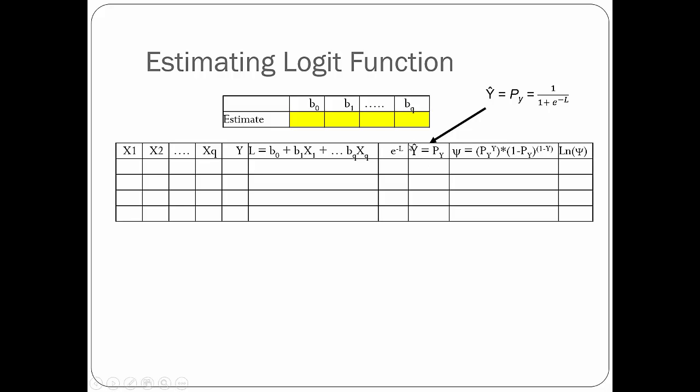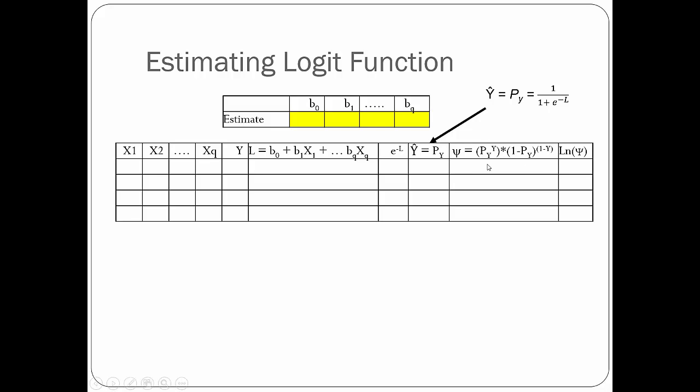Once you have y hat, that is p sub y, you can combine p sub y with the actual value of y and set up this likelihood function. So you get p sub y to the power of y, and then 1 minus p sub y to the power of 1 minus y.